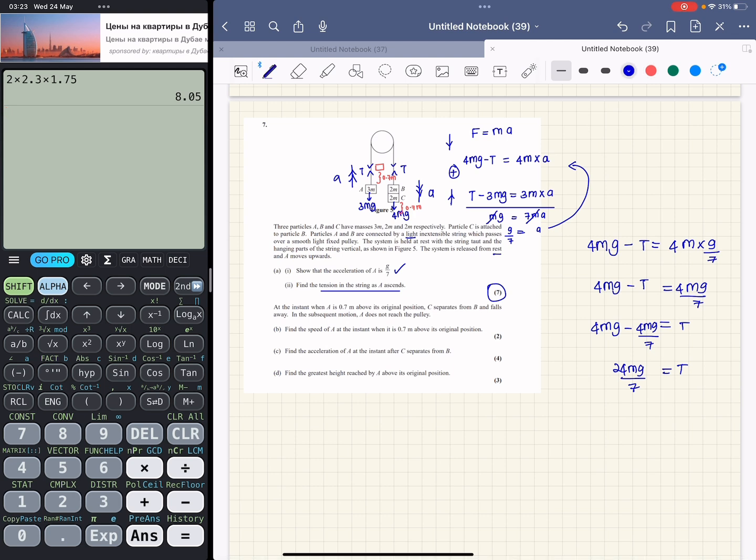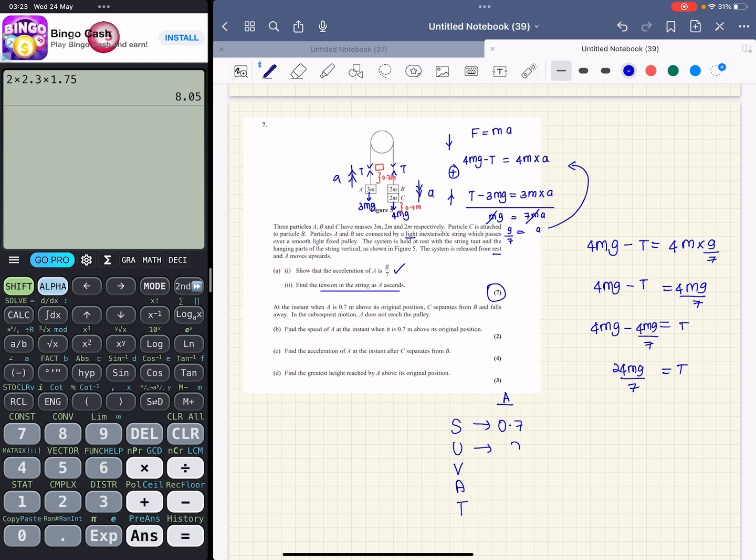This question is about suvat. How much has it moved? 0.7. A has moved, B has moved, C has moved. So s is 0.7, initial velocity is 0, final velocity is what we are trying to calculate, and acceleration was g over 7.